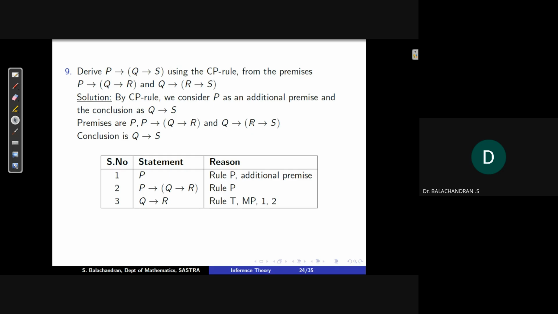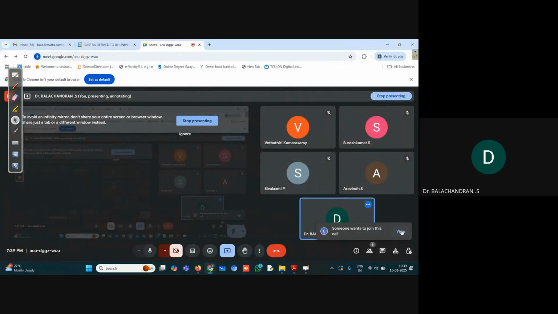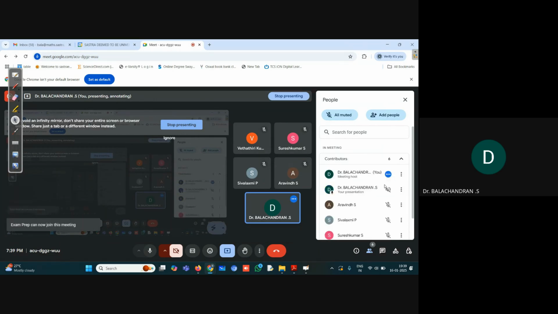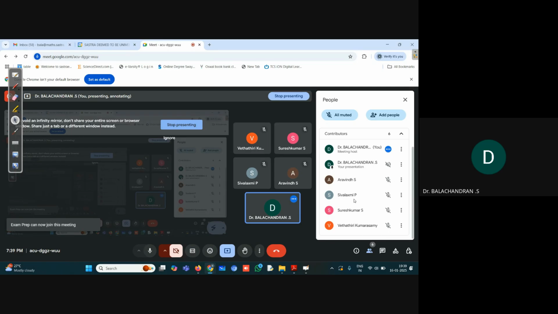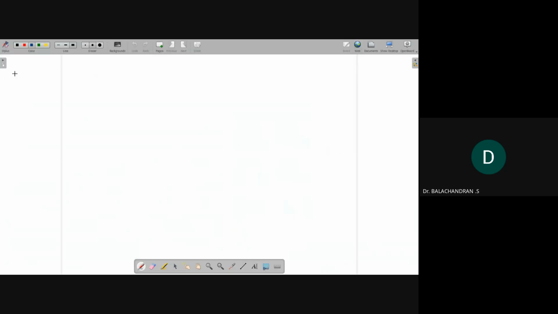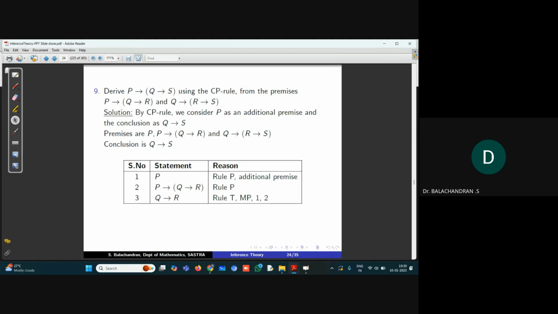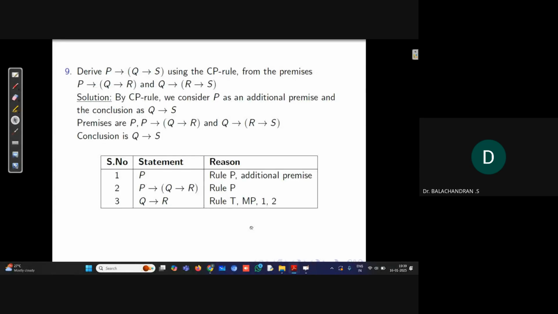Next I used 1 and 2. Still I need to use Q implies (R implies S). So again, I'll repeat.